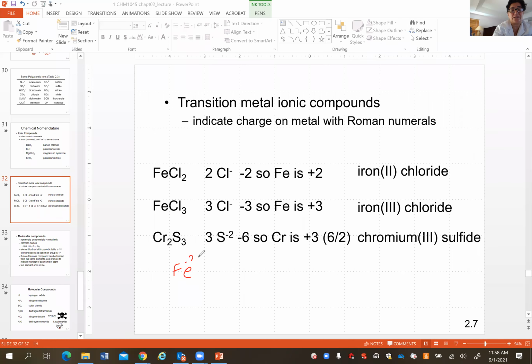I'm going to list them here: Fe2+ and Fe3+, copper 1+ and copper 2+, lead 2+ and lead 4+, tin 2+ and tin 4+.